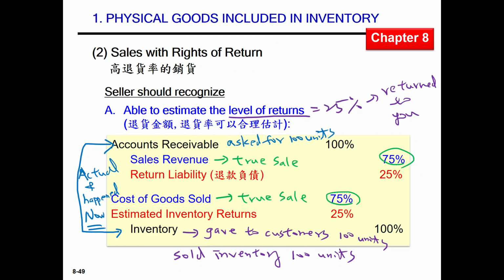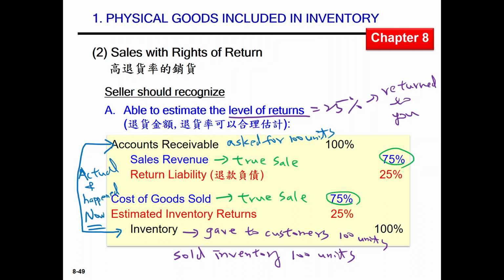So the first thing I know is the true sale of 75%, and I give customers 100%. So what's the difference? The difference is we expect something will happen in the future. What's that? Maybe we expect the inventory will come back to you.